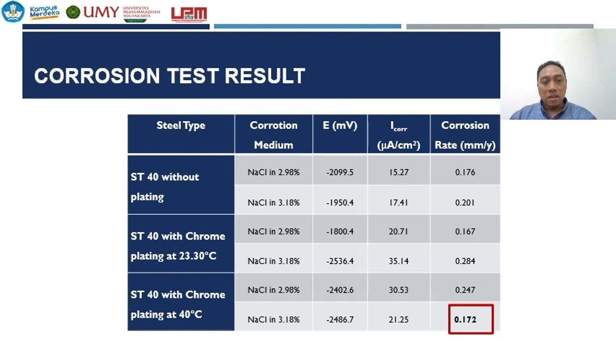The corrosion test results show that the smallest corrosion rate, 0.172 millimeters per year, is obtained at 40 degrees Celsius chrome plating. That is the best result of the research.